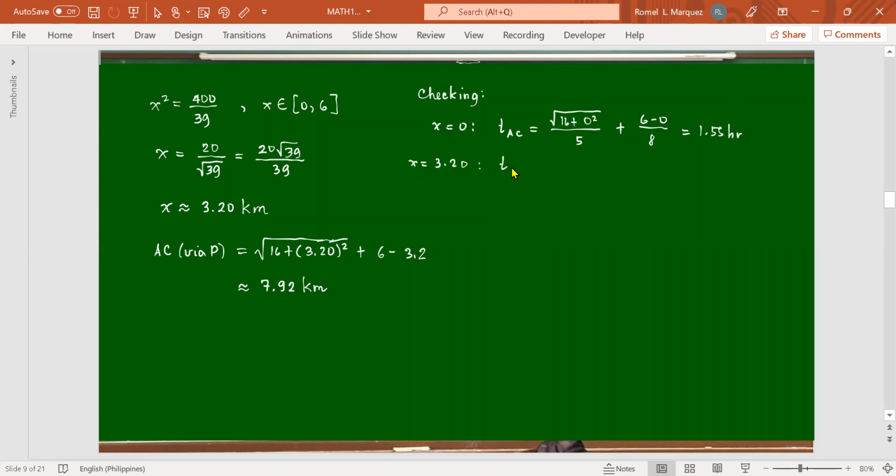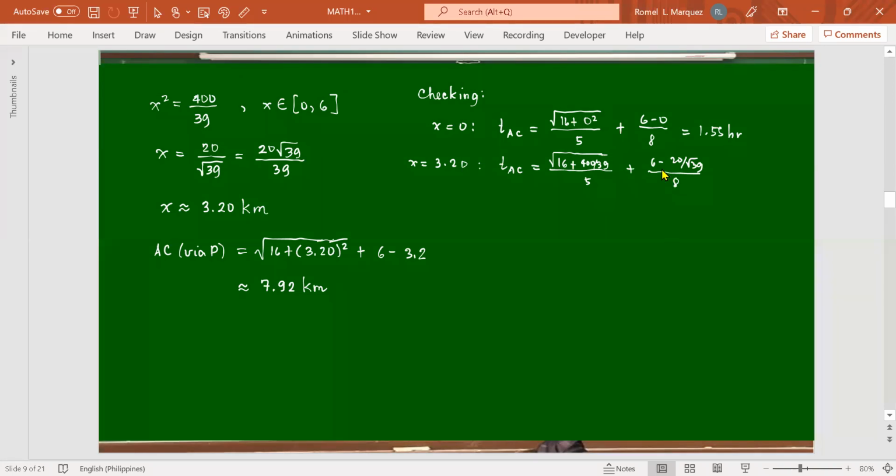At 3.2, what is the time AC? So, hindi ko pala ma-mental. Square root of 16 plus, ang square dito 400 over 39, all over 5 plus 6 minus 20 over square root of 39, all over 8.